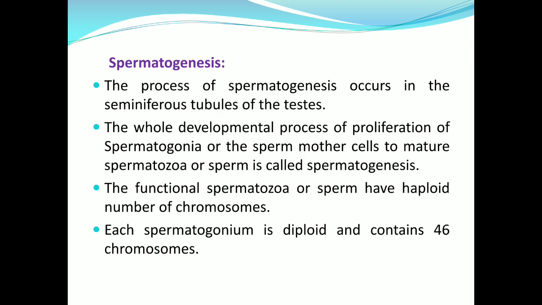This spermatogonia or sperm mother cell undergoes division to form spermatozoa or sperms. Spermatogonia are diploid and contain 46 chromosomes.